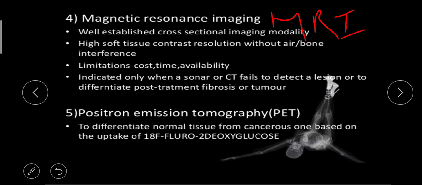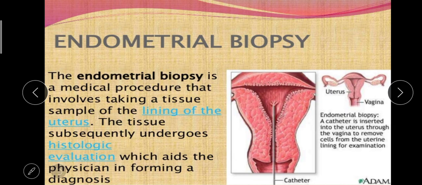These two tests also come under imaging techniques. So we have seen there are 5 types of imaging techniques that can be used to find out any disease in the gynecological patient. First X-ray, second ultrasonography, in which we saw 2 types, transabdominal and transvaginal. Then we have seen CT scan, MRI, and PET.